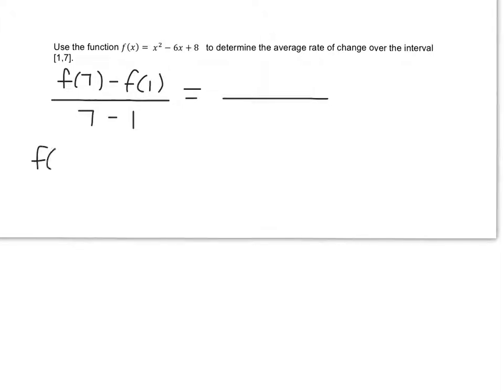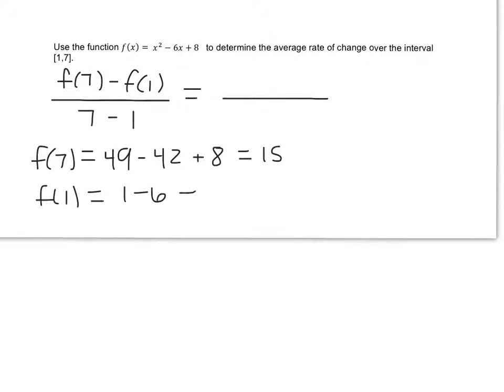If we plug in f of 7, we get 49 minus 42 plus 8. That gives us a value of 15. 7 plus 8, so we get 15. And then f of 1, 1 minus 6 plus 8, and we get 3.